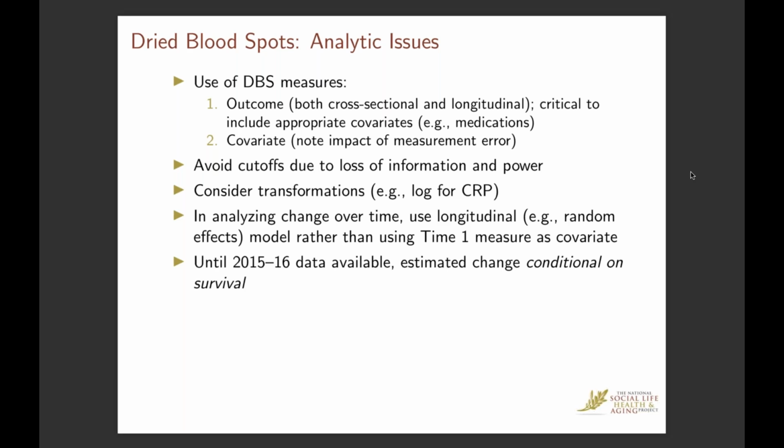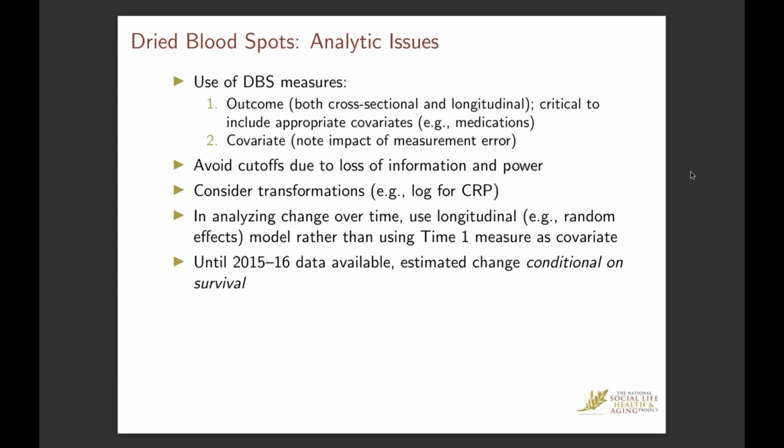And so you really need to consider that. That will tend to reduce the magnitude of your coefficients for a DBS covariate, which means that you're under-adjusting for it if you're using that to adjust, and so forth.